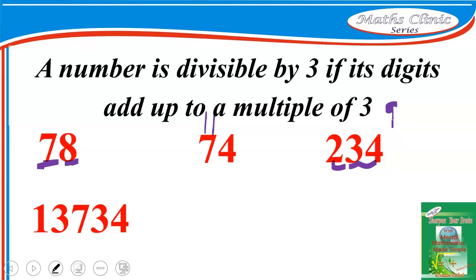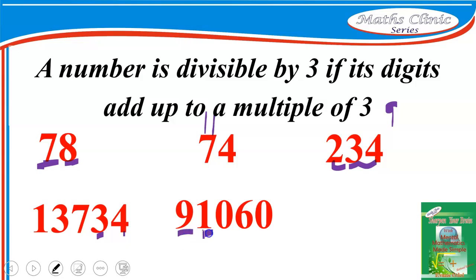What about this huge number, 13,734? Of course, if I add the digits, 1 plus 3 is 4, plus 7 is 11, plus 3 again is 14, plus 4, 18. So the number is divisible by 3. What about 91,060?